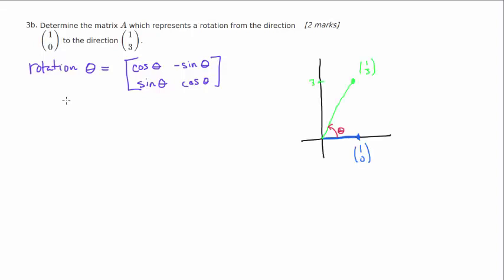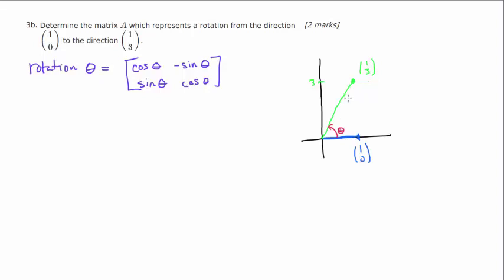Again, a rotation. If we go back to our formula booklet, we copy this, here's what a rotation looks like, and I'm going to visualize what they're asking. So we have (1, 0), sort of this length, and it's rotated to the direction (1, 3).